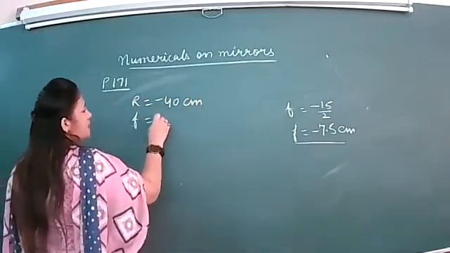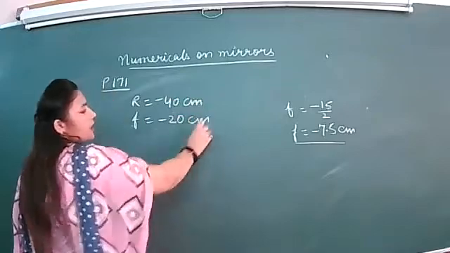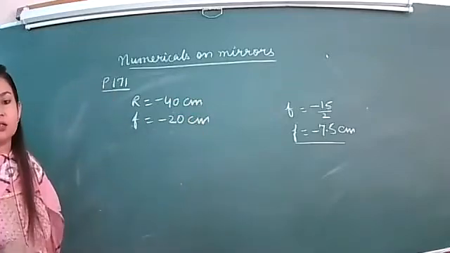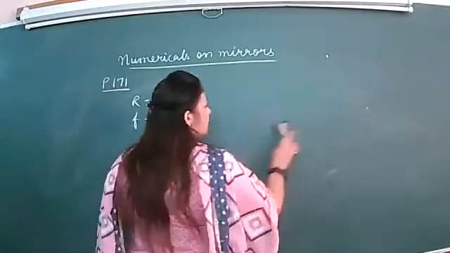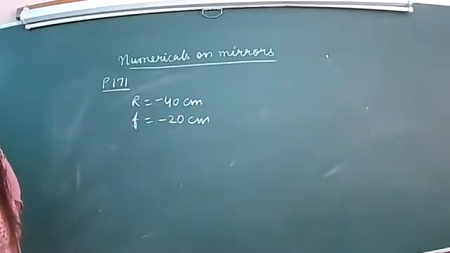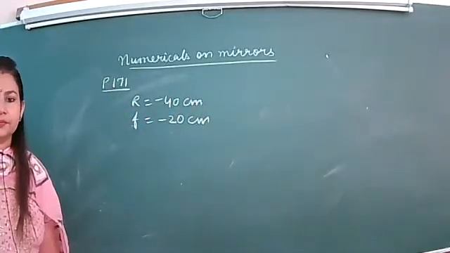So focal length is minus 20 centimeter. But it's compulsory to write the formula. Formula जरूर लिखना है. ठीक है, अभी मैं आपको ऐसे बता रही हूँ, but always write the formula when you do some calculation. So f is equal to r by 2 here.